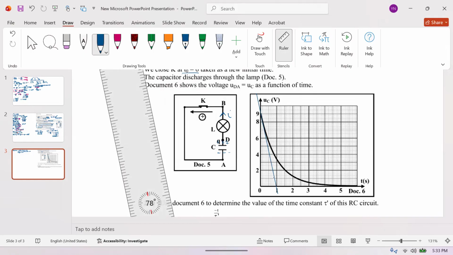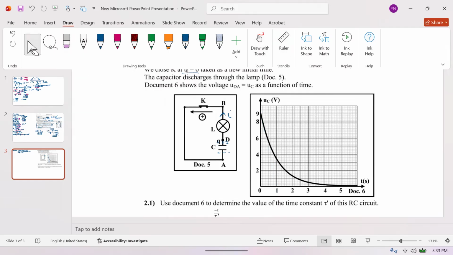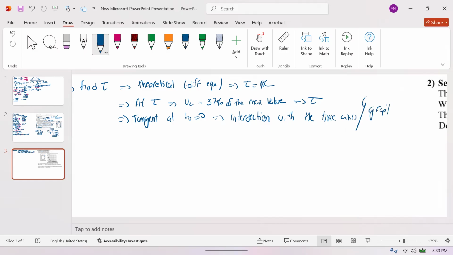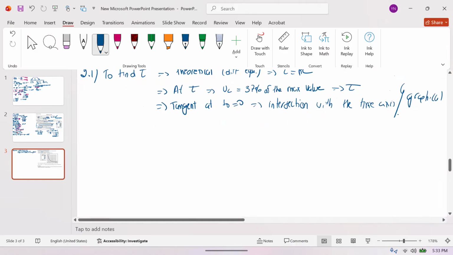You tell them the point of intersection between the tangent at time t0 equals 0 and the time axis, it's 1. So this is tau. But if they don't draw the tangent for you, preferably you don't use it. You use the second method. So tangent at t0 equals 0, then we find the intersection with the time axis. And they are both graphical methods. The second one is better, honestly.